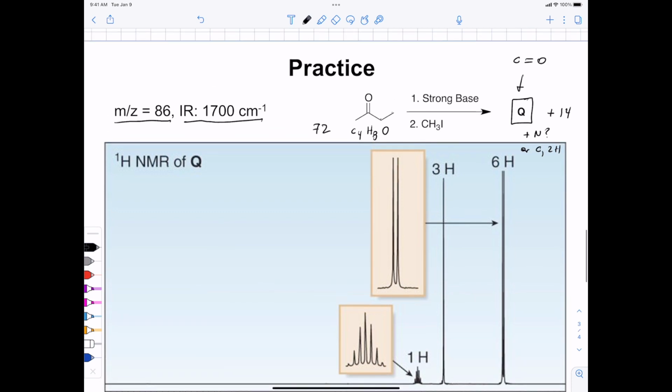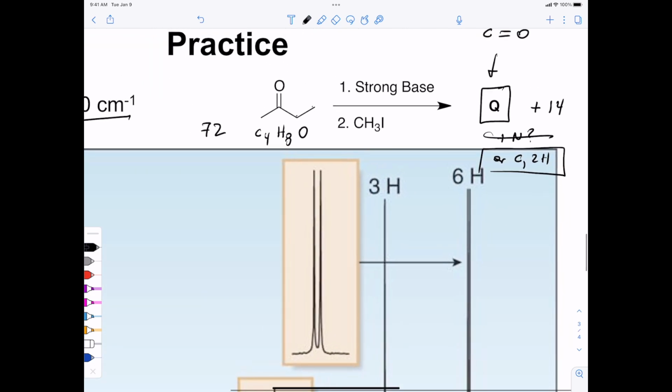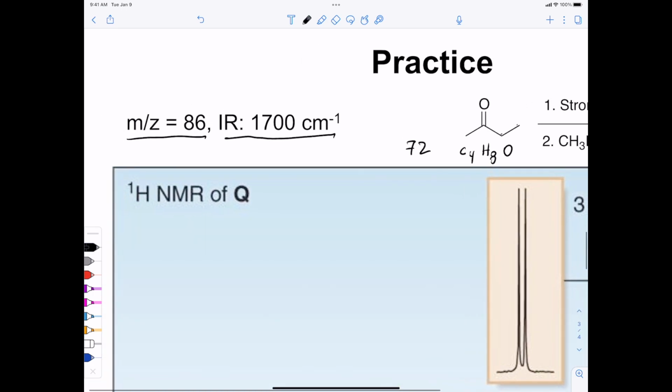Actually, let's go ahead and pretend, frankly, because there's no nitrogen in any of the products, we probably want to rule out adding a nitrogen. So if we added a CH2 group, our new formula would be C5H10O.